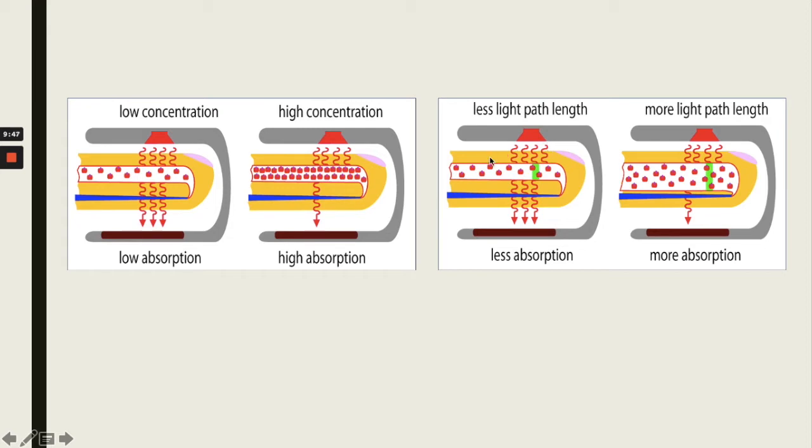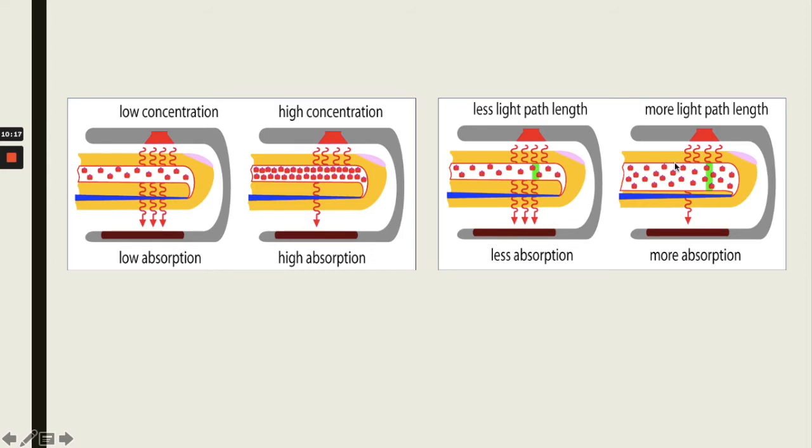So with the same concentration, in the smaller artery there's less path length for these wavelengths of light to travel through. Since it's a shorter path length for the light, there's less light being absorbed, and more light reaches the other side of the pulse oximeter probe.